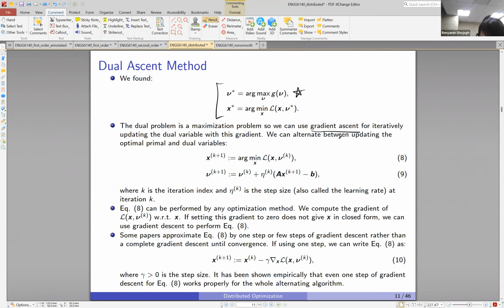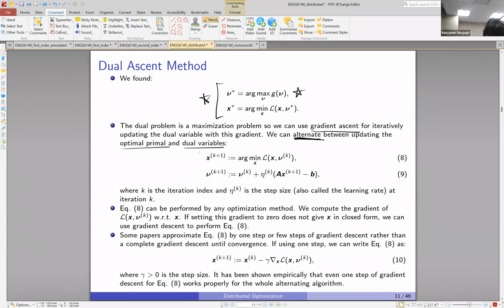Okay, we can alternate between updating. So that's the key thing here. We can alternate between updating the optimal primal and dual variables. So we want to solve this argmax of g and argmin of the Lagrangian with respect to x. We can alternate between these two because we have two variables here. Do you remember in distributed optimization, we have several variables. You have two variables, x and nu.